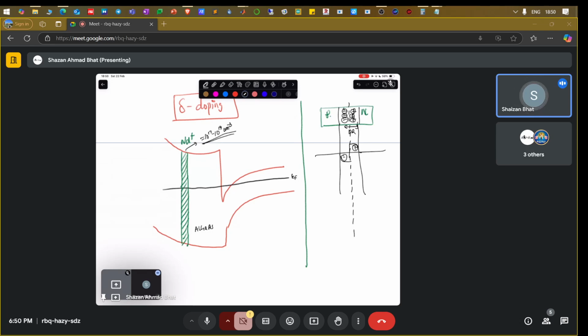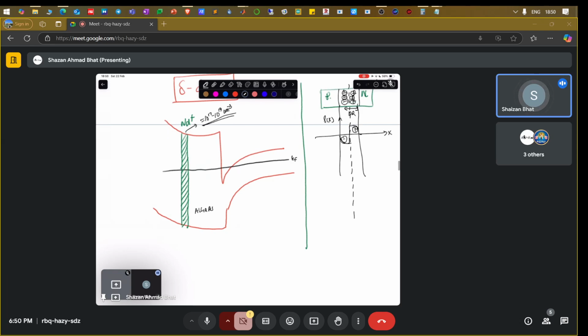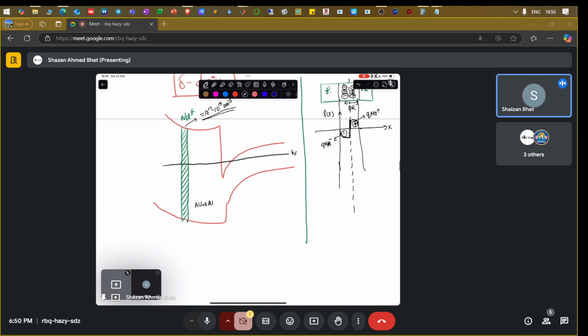This axis is rho as a function of x. So this is how the charge density looks. This is positive charge, q Nd plus, and this is negative, q Na minus, not plus. Then using the Poisson equation, dE/dx is rho over epsilon. You integrate this and you get an electric field profile, something like this.